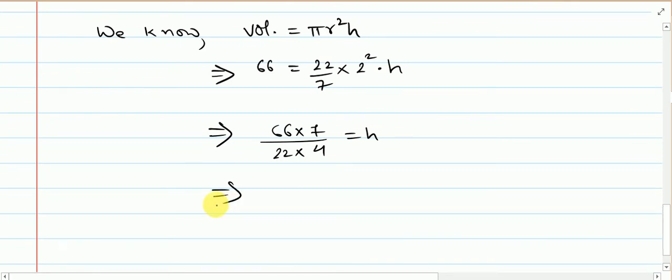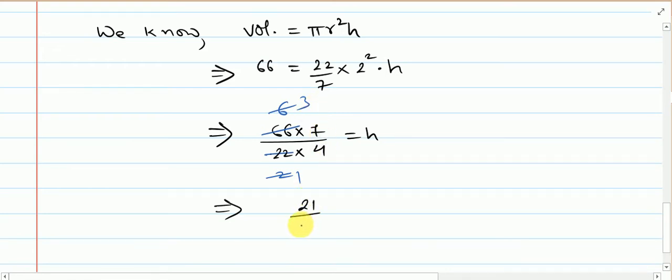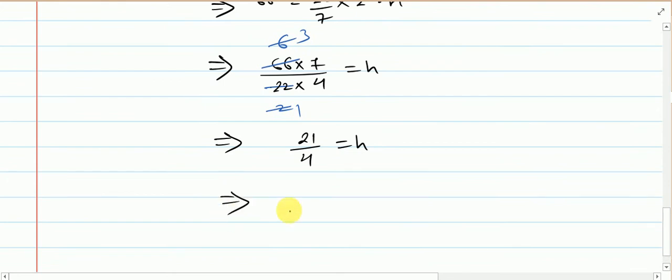Now here 11 2s are 22 and 6 2s are 12, 1 3s are 3, okay, and 3 7s are 21 upon 4. So therefore h is equal to 21 upon 4 centimeter.